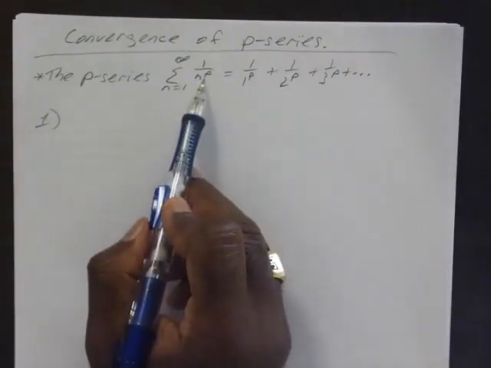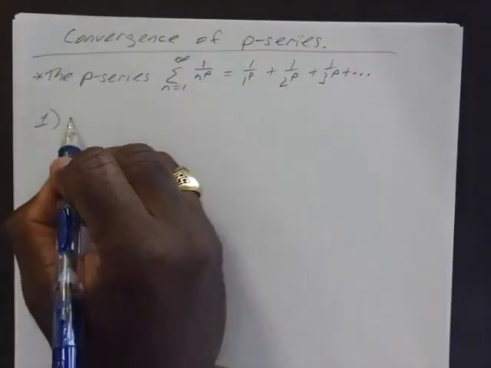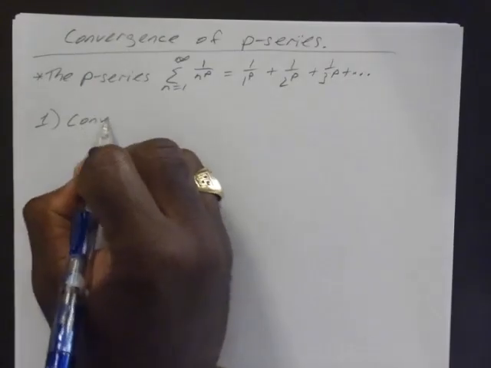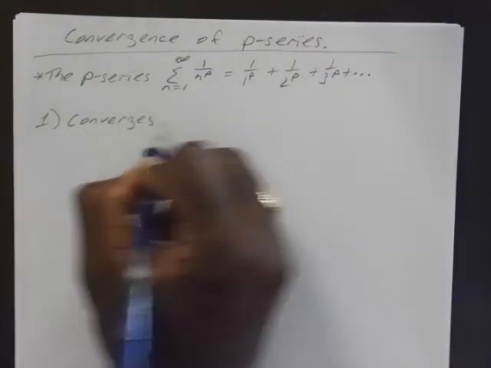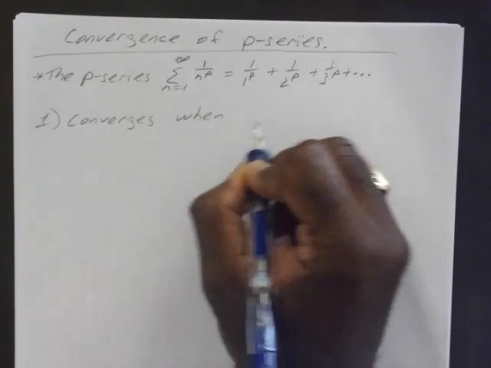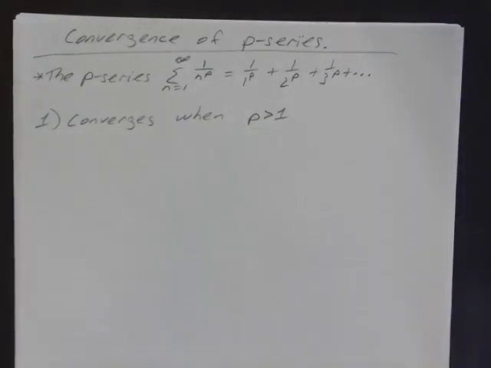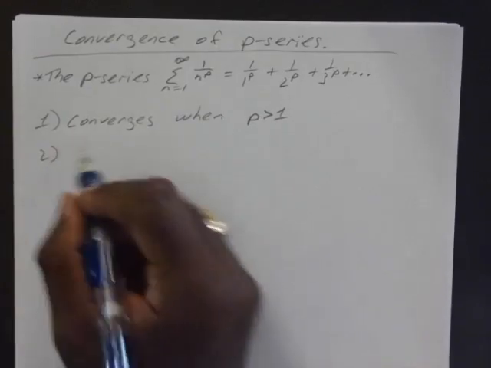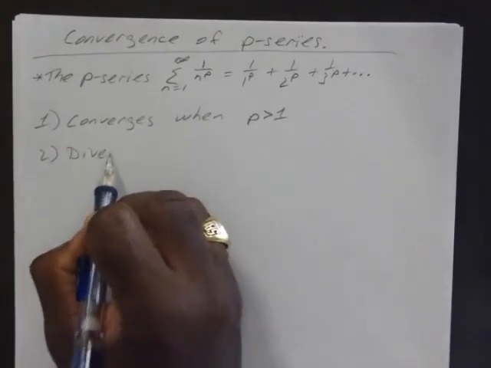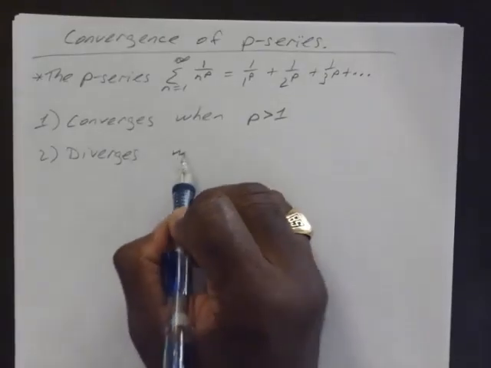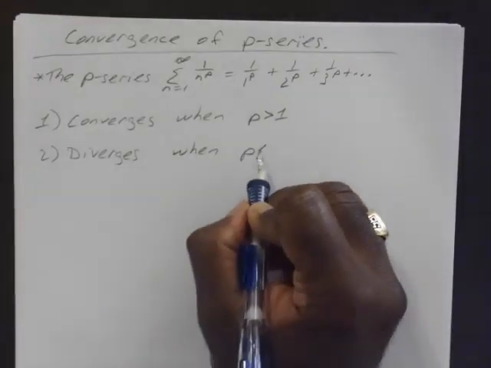So we know that if p is greater than 1, it converges, and it diverges when p is less than or equal to 1.